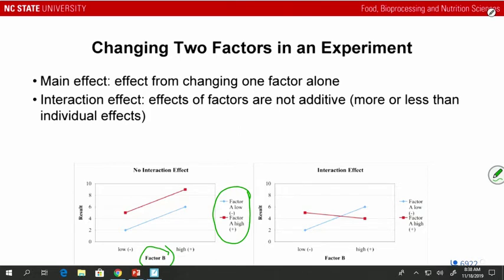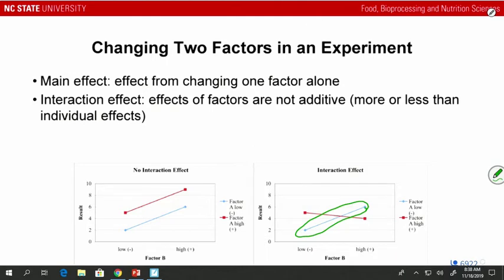Okay, so I think we understand the graph on the left. So let's transition to the one on the right here. Okay. What happens if we add more of factor B?